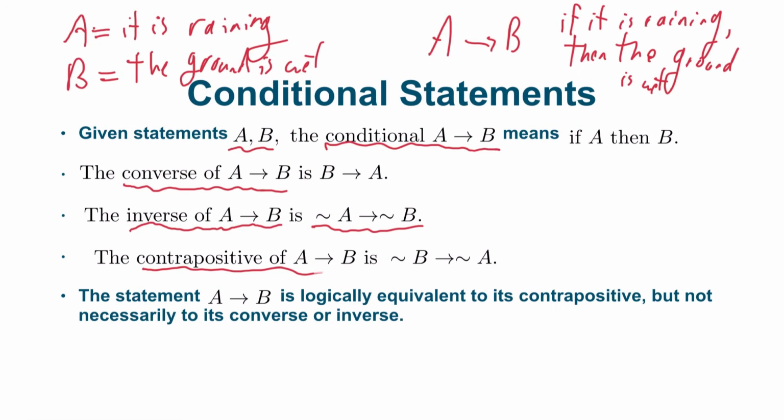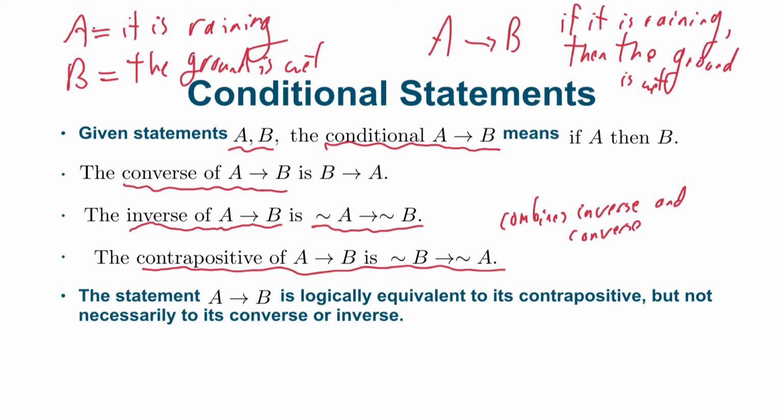What does have to have the same logical truth or falsehood is what's called the contrapositive, which is somehow a combination of inverting and conversing. So this combines inverse and converse.